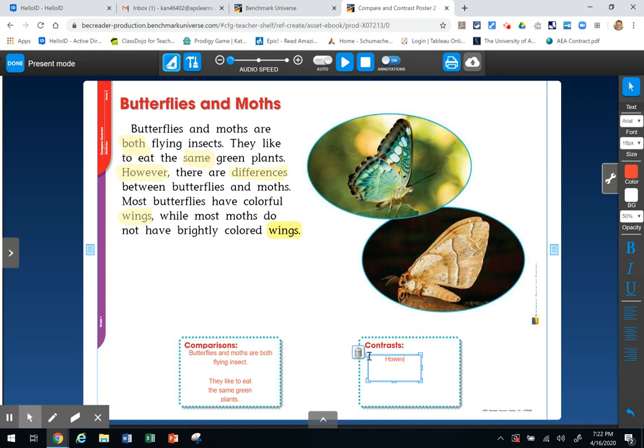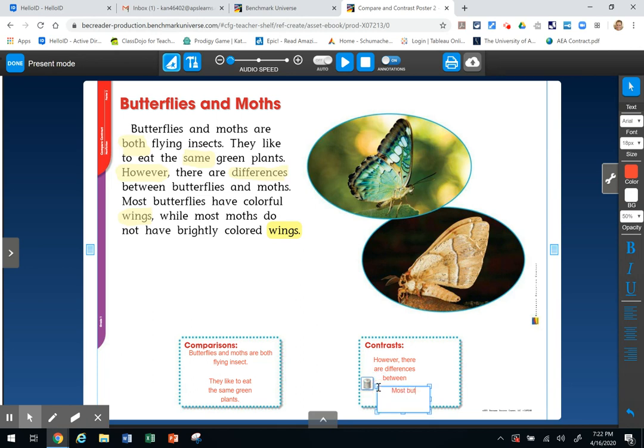So, however, that's a signal word. There are differences between butterflies and moths. Okay. And then the second one says, let me get my typer.